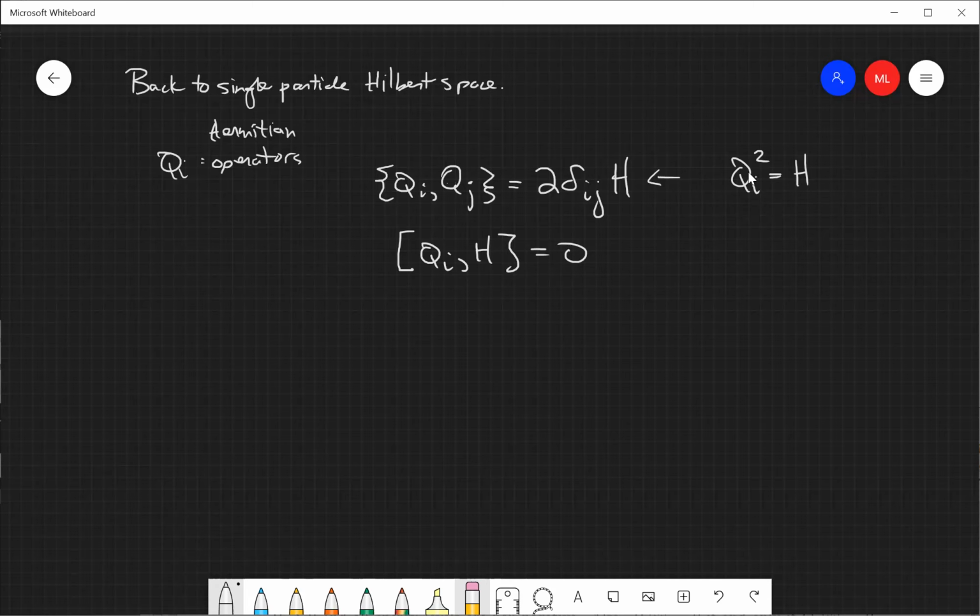You can't have negative ones, because it's the square of something. Also, if H acting on some state gives you 0, the only way this is possible is if Q_i acting on that state gives you 0. These are equivalent.